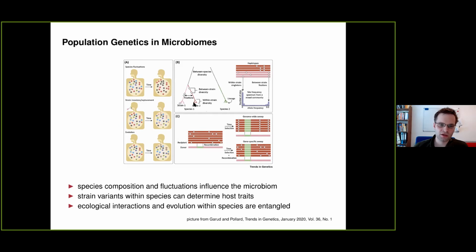So the population structure of humans can, or sometimes does not, but often can also affect the population structure of bacteria. And in our group, we are trying to look mostly at the variation within one species and looking at different strains, and not so much looking at diversity between species.